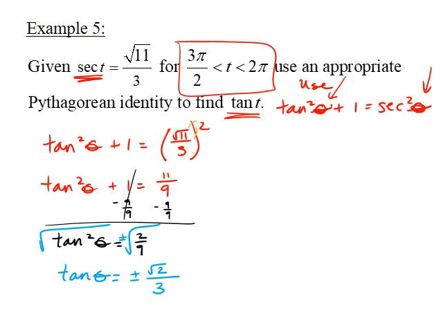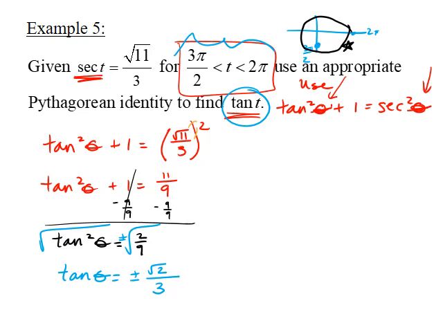Now I have two answers for tangent, but I haven't utilized this interval yet. And this interval is telling me that I want values in between 3 pi over 2 and 2 pi. Now remember, this is one revolution of a unit circle, so I'm interested in the answer for tangent that is in the fourth quadrant.